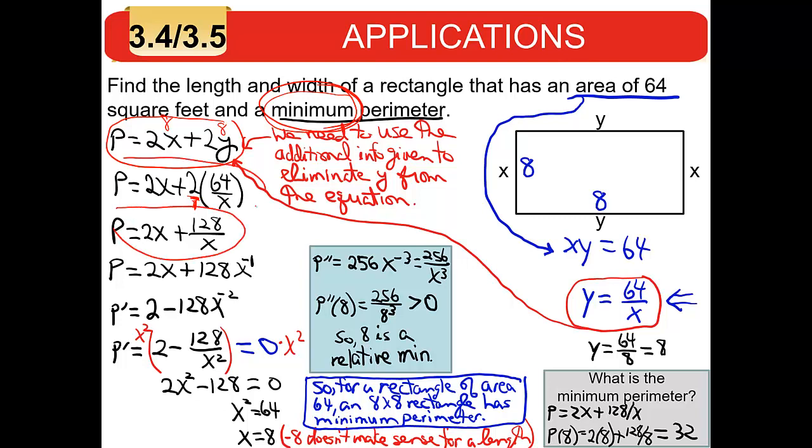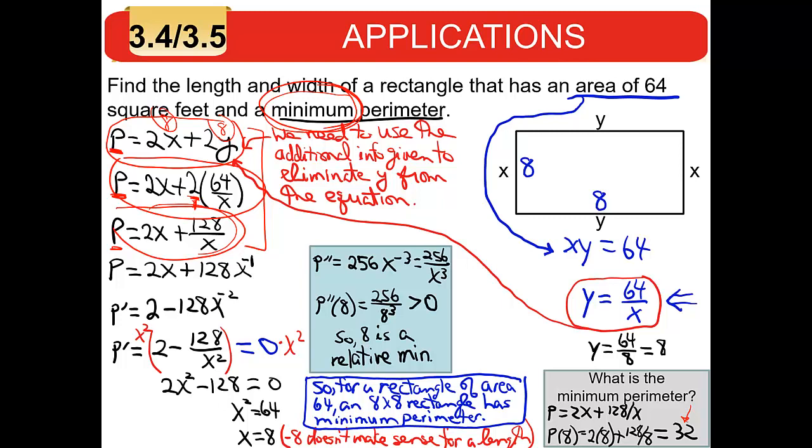In any case, you're going to get 32. If you plug it in here, you get 8 and 8, you get 32. If you plug it in here, you get the same thing. Anywhere you plug it in where it's P is going to give you the same value, 32.